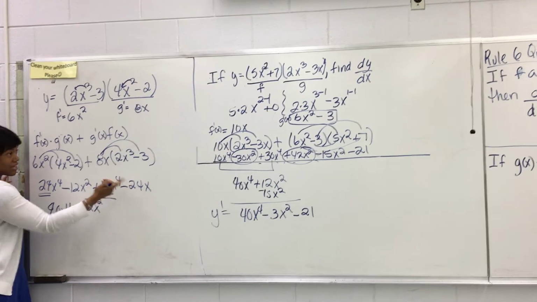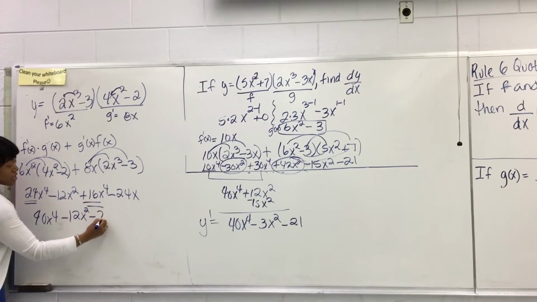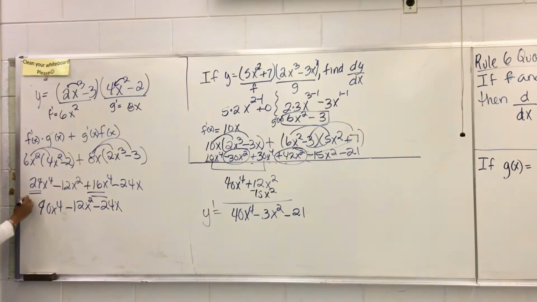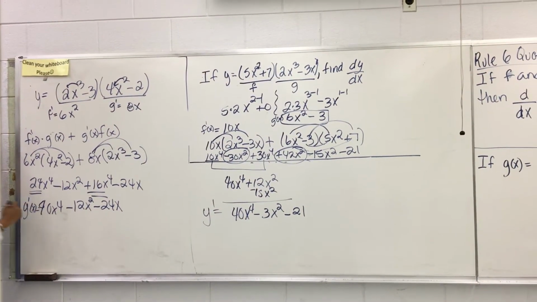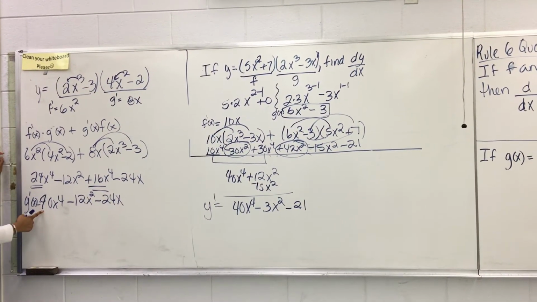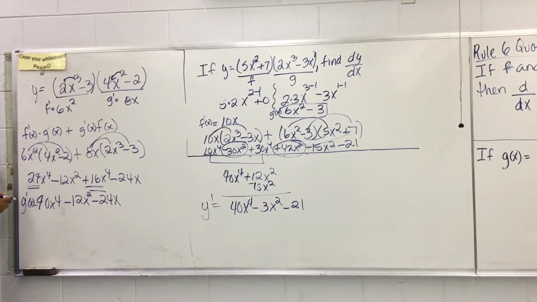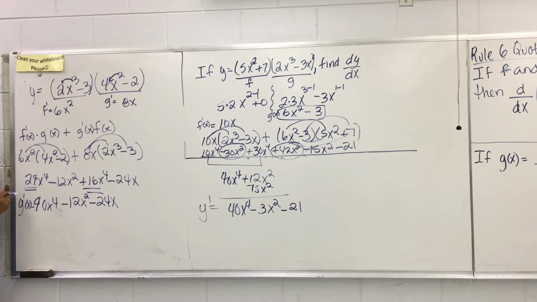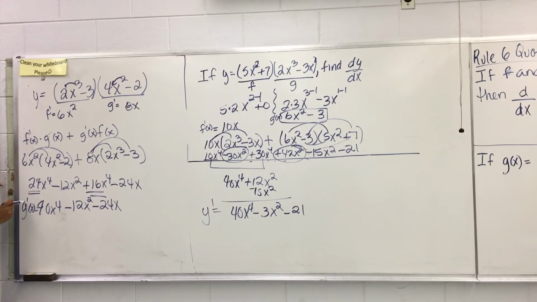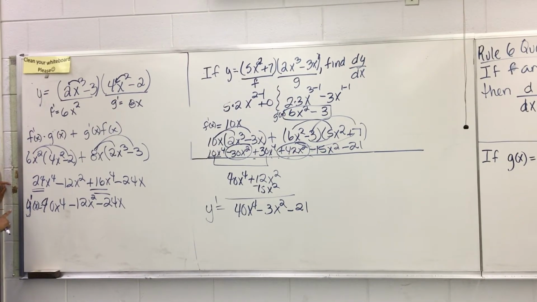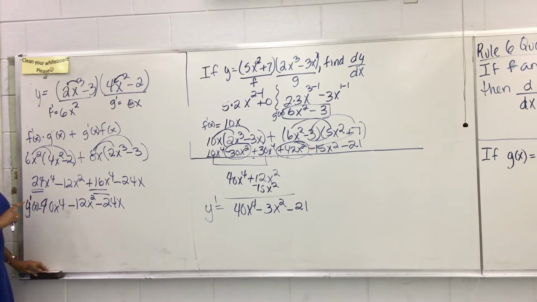I don't have anything else that's just with an x, so that makes it just 24x. All in all, this means the derivative of y is 40x to the 4th minus 12x squared minus 24x. And again, as we talked about, if you do not indicate with the prime or this little asterisk above, I do not know if you are taking a derivative or not.